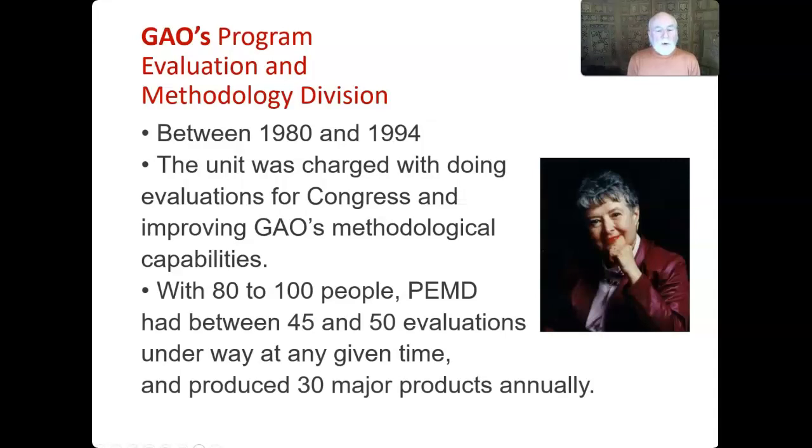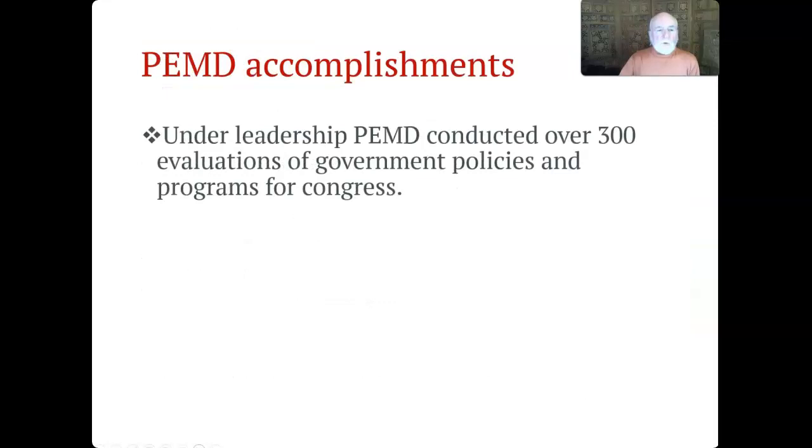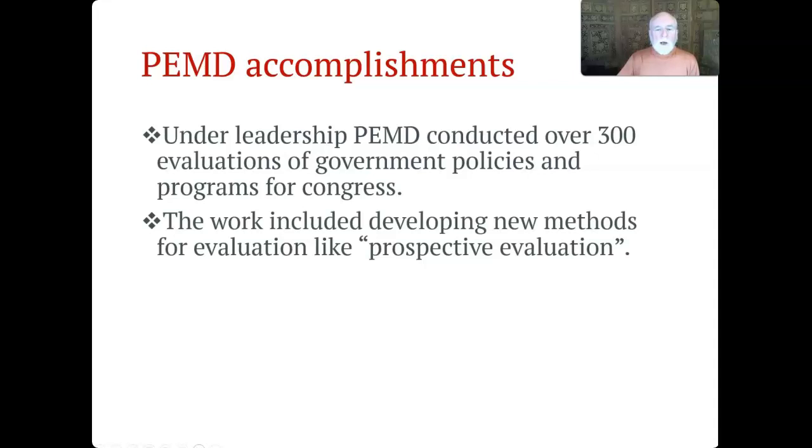With 80 to 100 people working under her, this office had between 45 and 50 evaluations underway at any given time and produced 30 major reports annually. Under Eleanor Chelimsky's leadership, PEMD conducted over 300 evaluations of government policies and programs for Congress.